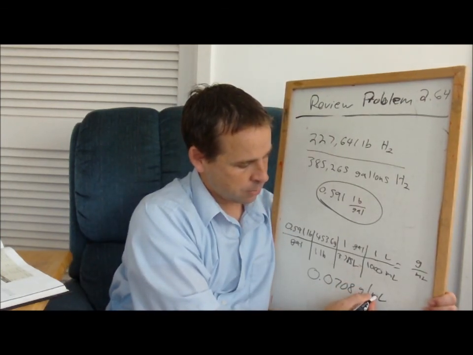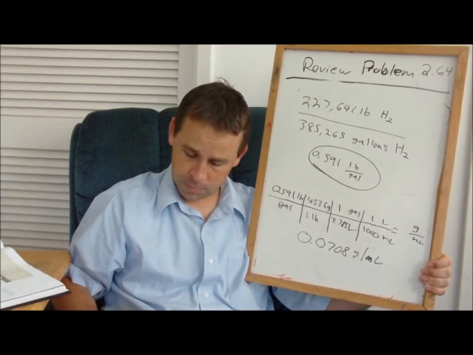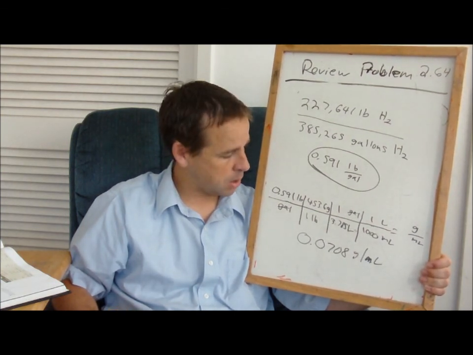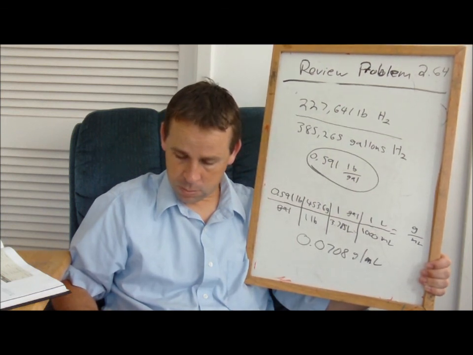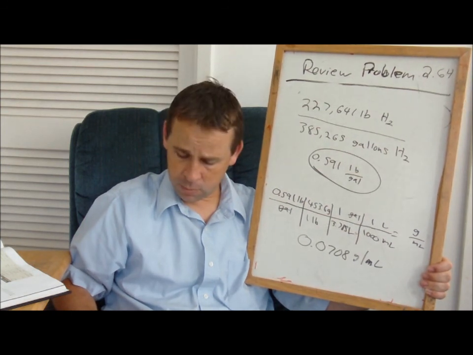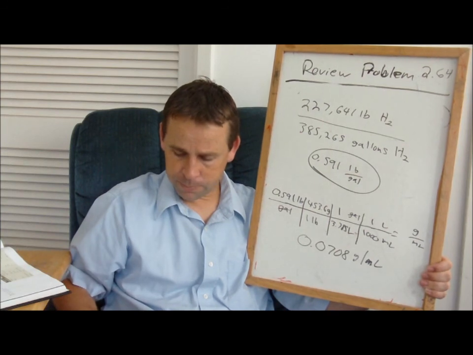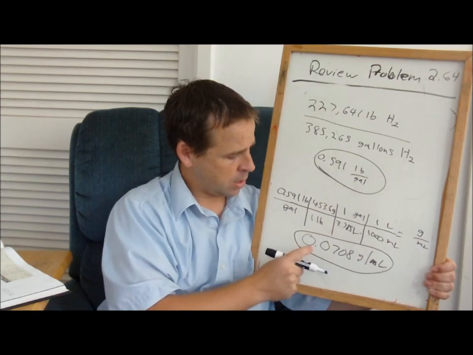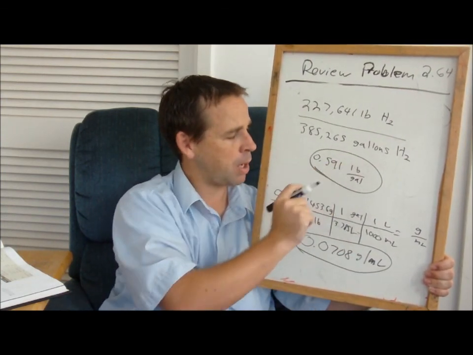So that's the density of hydrogen gas in grams per milliliter. I'm going to double check that. 0.591, lots of numbers there, make sure I didn't make a mistake, times 453.6 divided by 3.785 divided by 1,000. Okay. All right, so we have the answers here: 0.0708 grams per milliliter, 0.591 pounds per gallon.